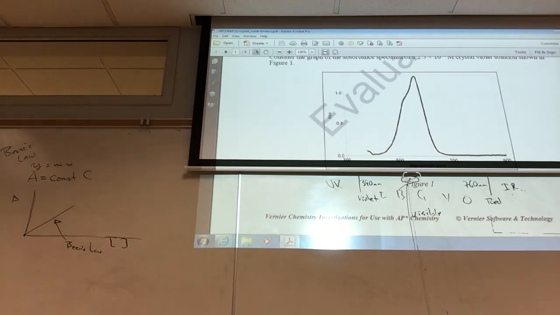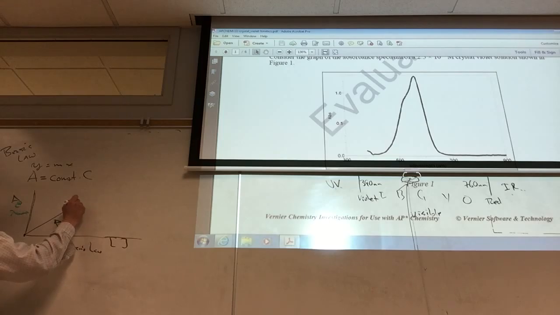But Beer's law fails. Where does Beer's law fail? This is absorbance at lambda max. Beer's law fails at high concentration.